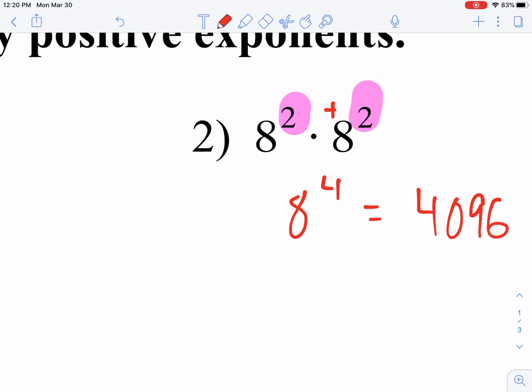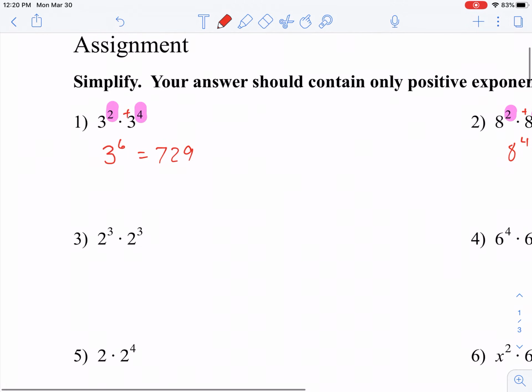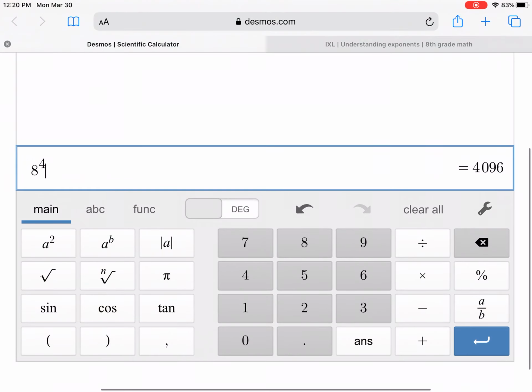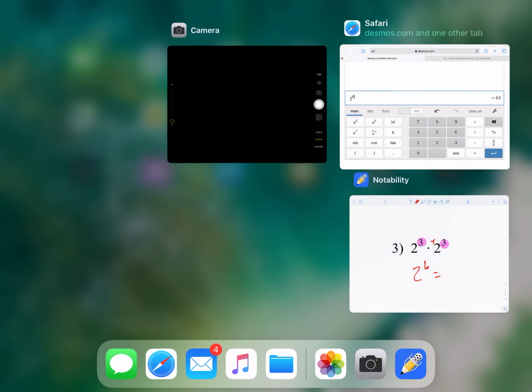For number 3, again we just look at the exponent part. We're going to write 2 to the sixth because we can just add those together. If you want to solve it out, you can use the Desmos scientific calculator. 2 to the sixth is 64.